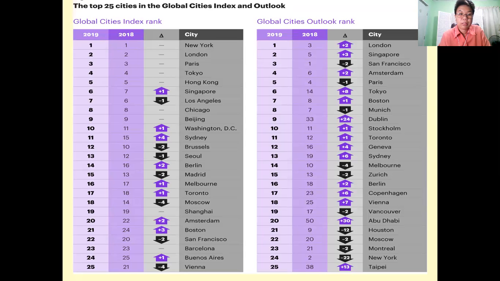Okay, so Toronto, you have here Geneva, Sydney, and you have Brussels. So if you notice, there are increases in the rankings. Munich, you have Seoul, Berlin. So it springs up every now and then. Okay, so that's the end of the slide.